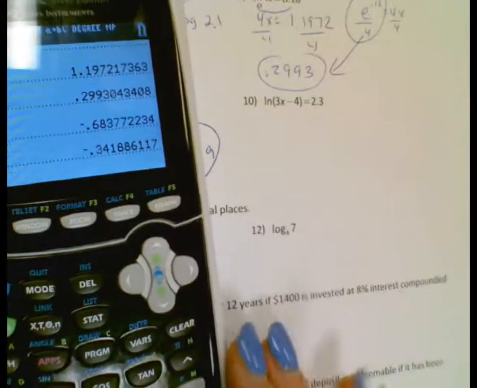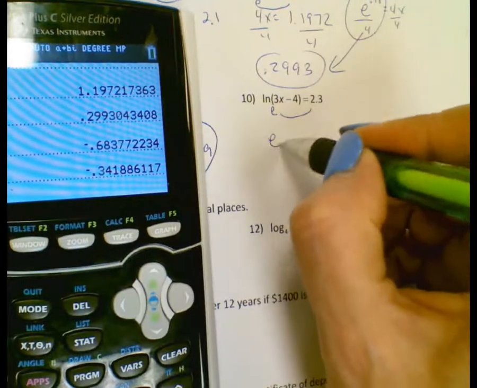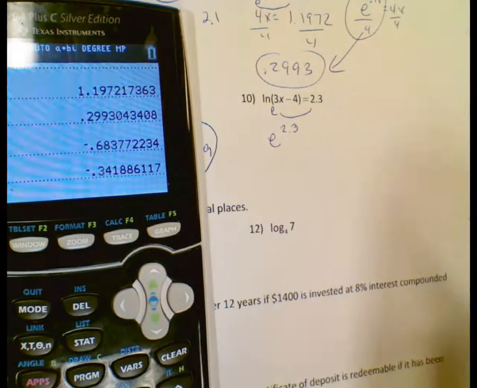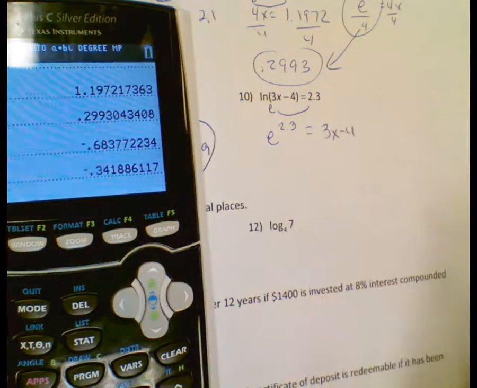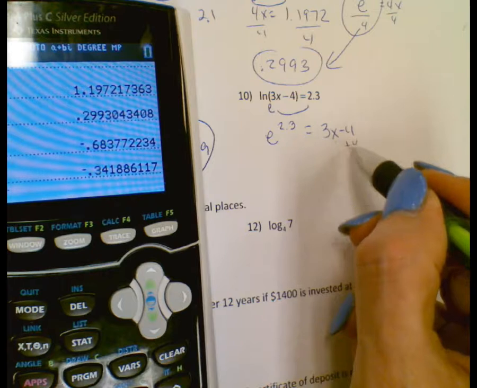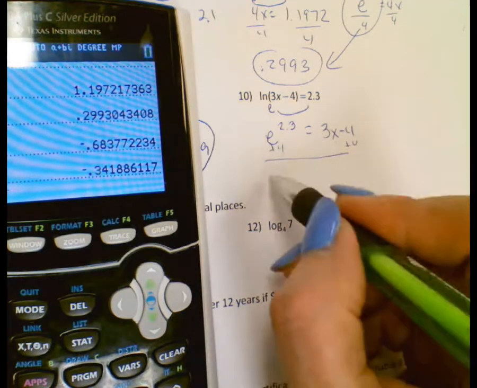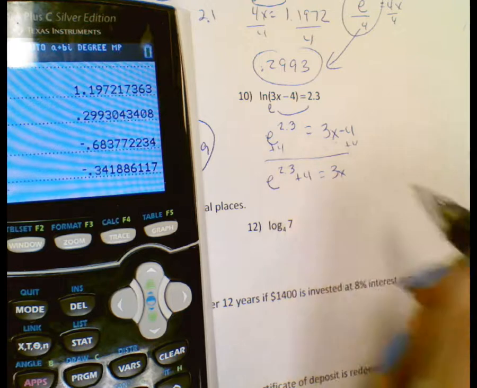For the next one, there's a base e, so we're swooping. e to the 2.3 is equal to 3x minus 4. To solve for x, we want to add 4 to both sides. So you're going to have e to the 2.3 plus 4 equals 3x.